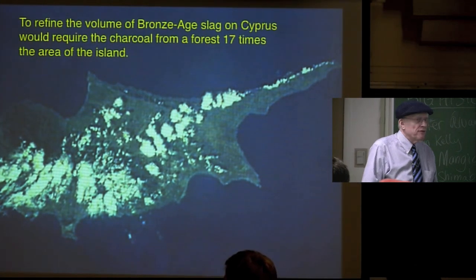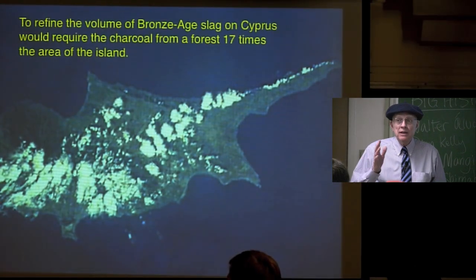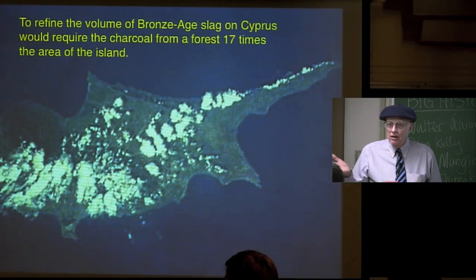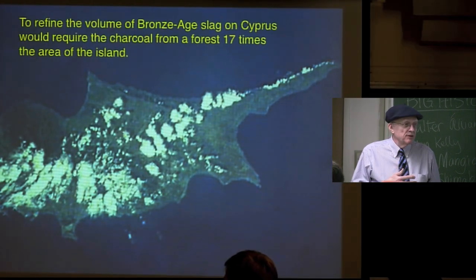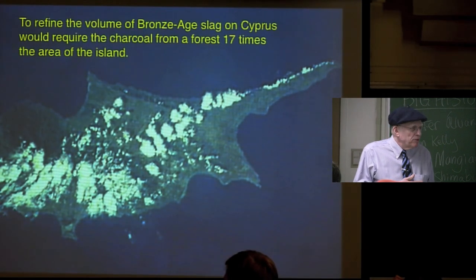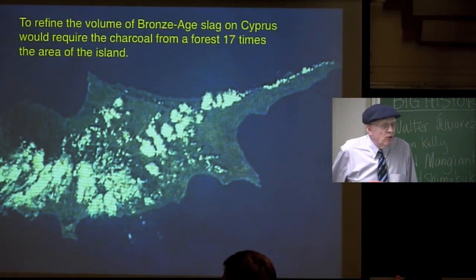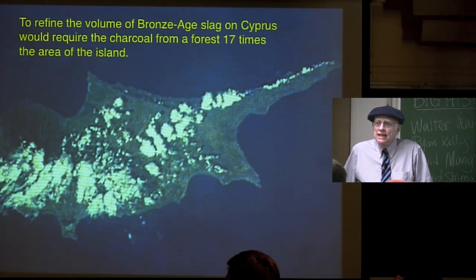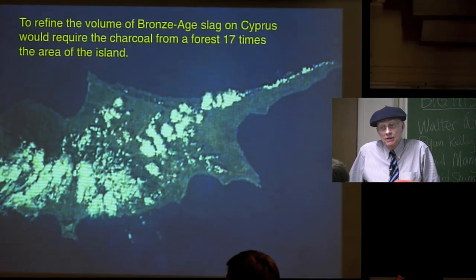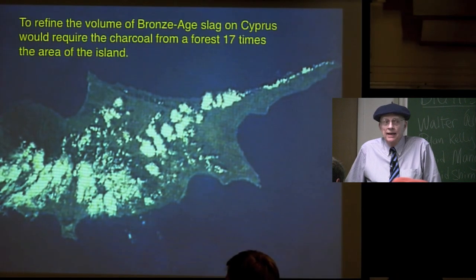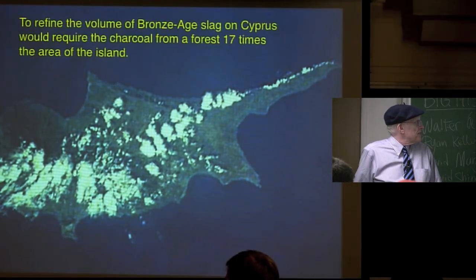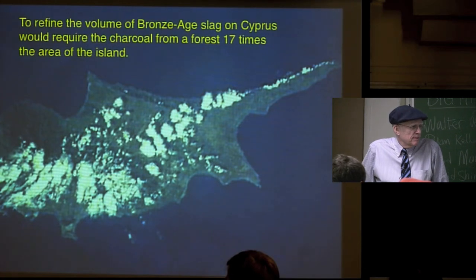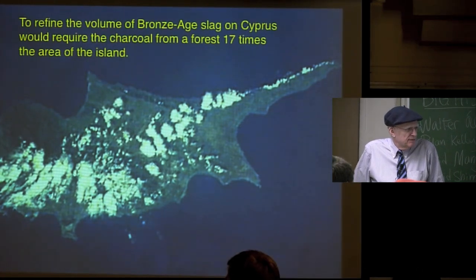And there was enough copper taken out of there, clearly, to supply all of the Bronze Age in the Middle East and Turkey and Greece, right? But the problem was that in order to extract that copper, you would need a lot of charcoal. George calculated it, and it turned out you would need a forest 17 times the size of the whole island of Cyprus. How could you do that?